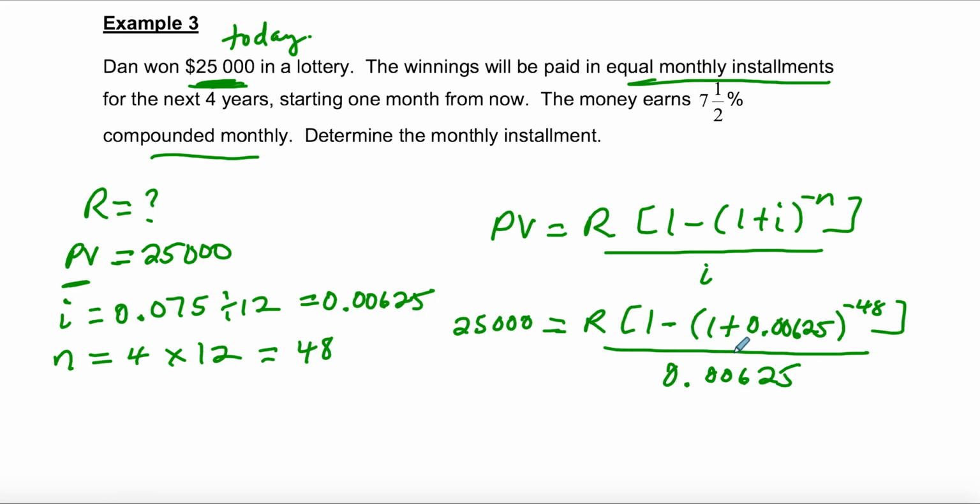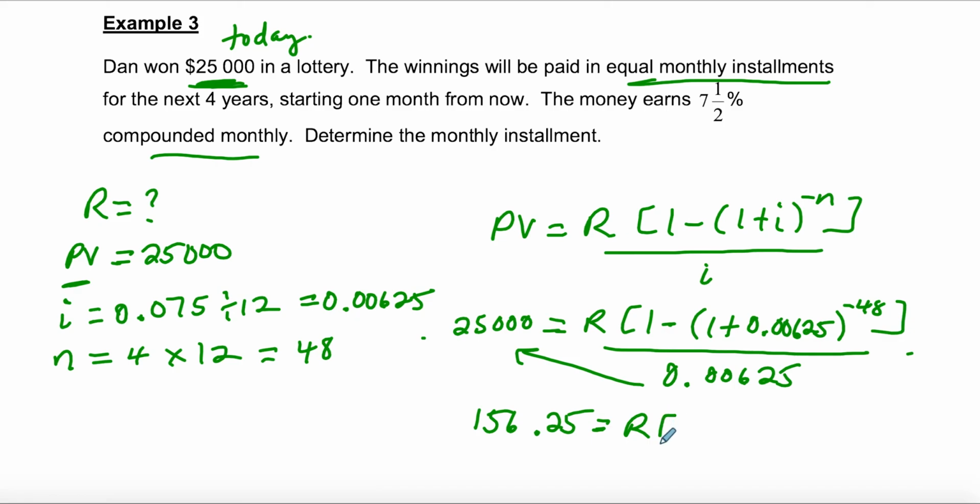Okay, so again, I really like to just imagine multiplying both sides by 0.00625 because it would cancel out on the right. And over here, I just multiply this side by 0.00625 and I get 156.25. Then I don't have a fraction anymore.